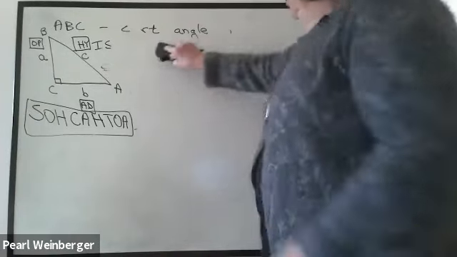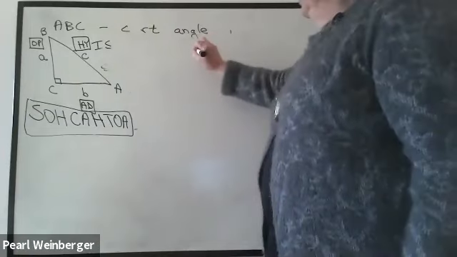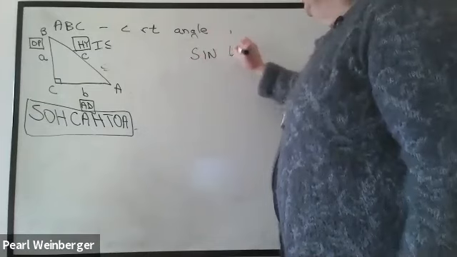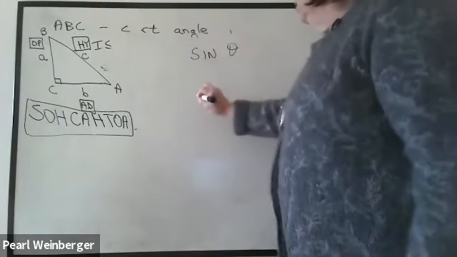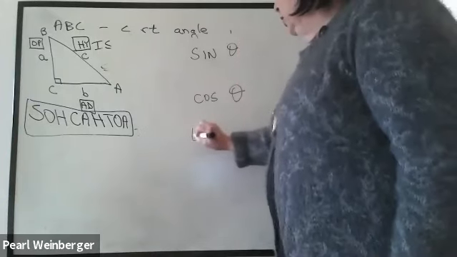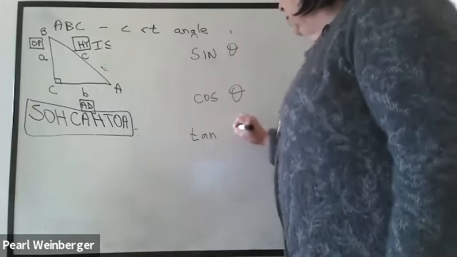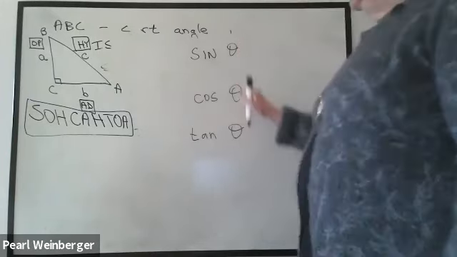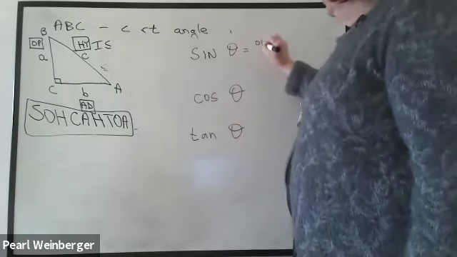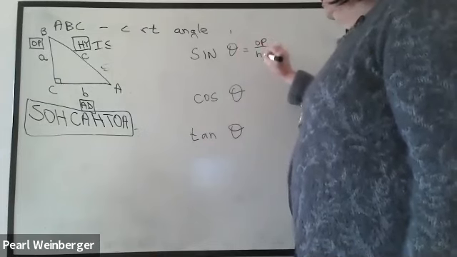Let's remember what we said. We had sine, cosine, and tangent as our 3 primary trigonometric functions. Remember, the sine is opposite over hypotenuse.